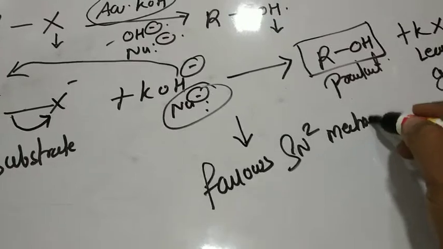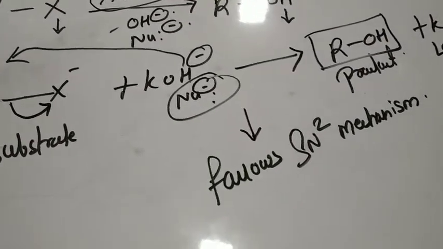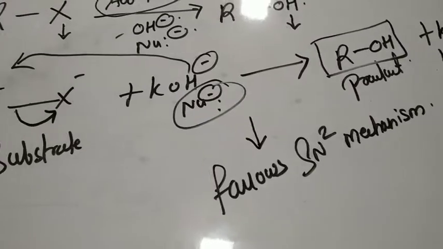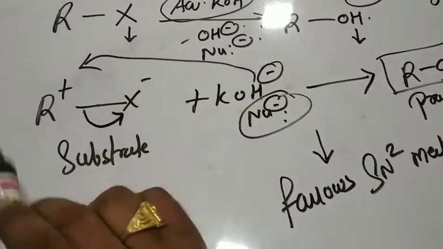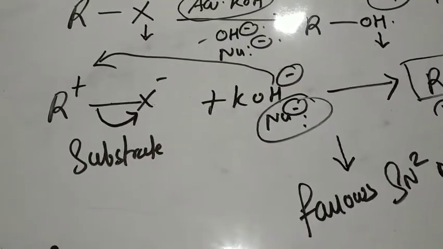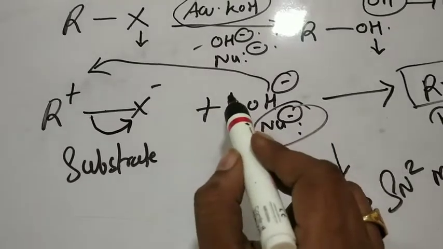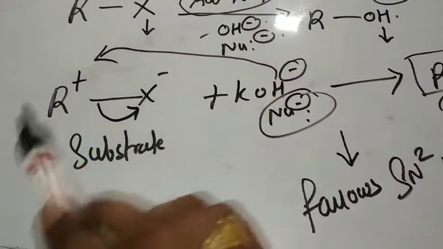SN2 mechanism. You all remember what an SN2 reaction is? In the SN2 reaction we had seen that the OH minus nucleophile will attack on the substrate, and this X minus will be given out. What is going on in the SN2? Simultaneous making and breaking of a bond is going on.